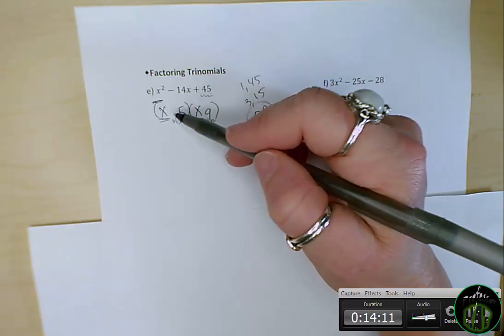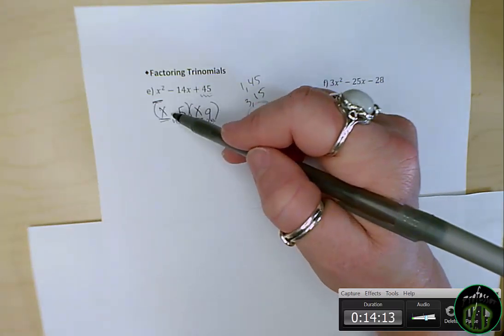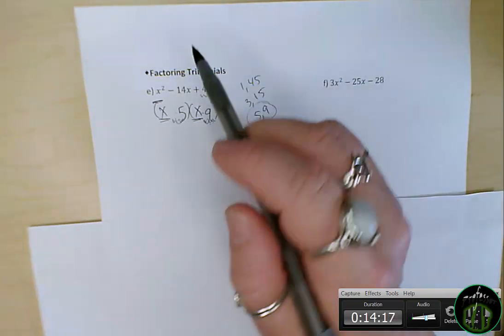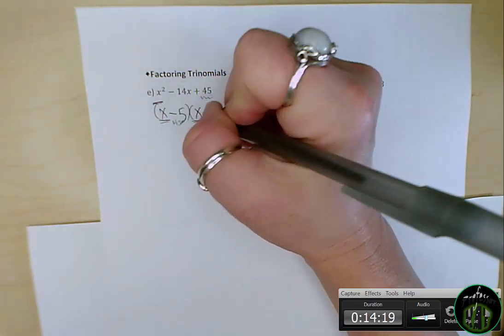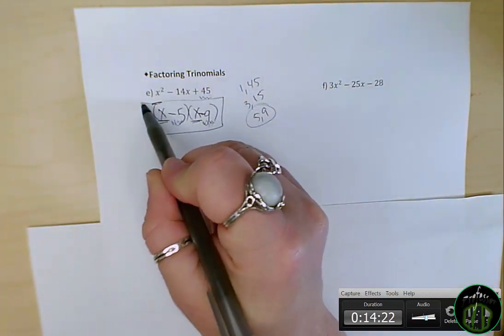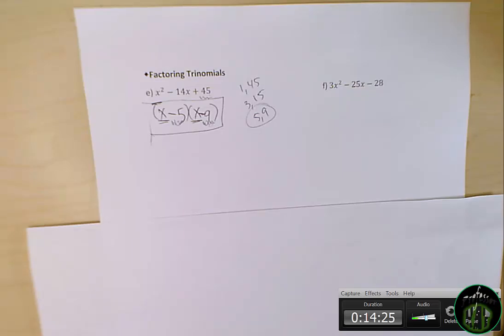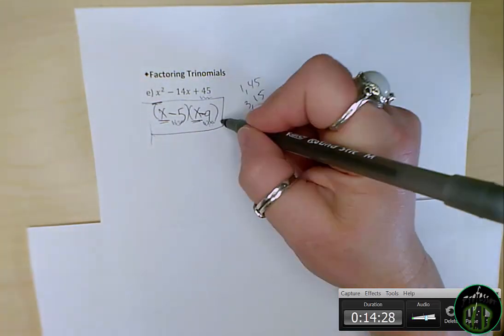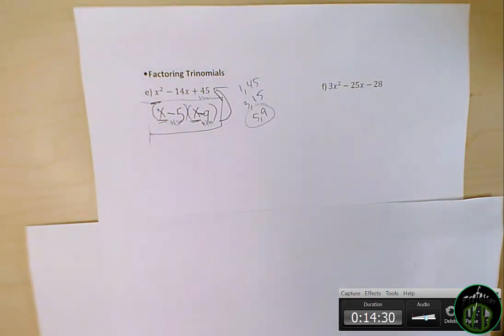If your back number is positive, these are going to have the same sign, either both pluses or both minuses. Your middle term is always key. If the middle term is negative, they're both going to be negative. So x minus 5 times x minus 9 is how this factors. Again, you can always check your work by multiplying this back out and seeing if you get the original problem.